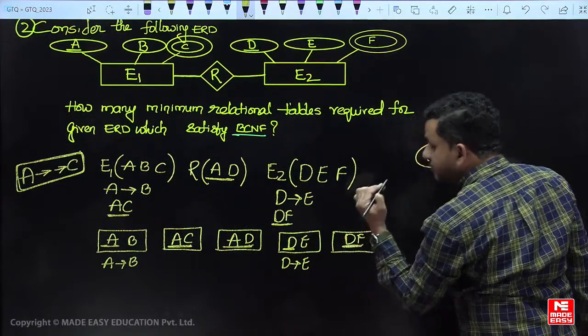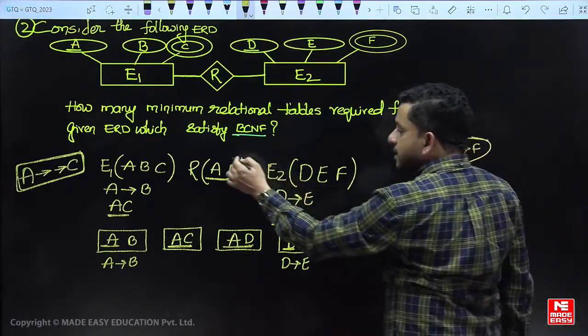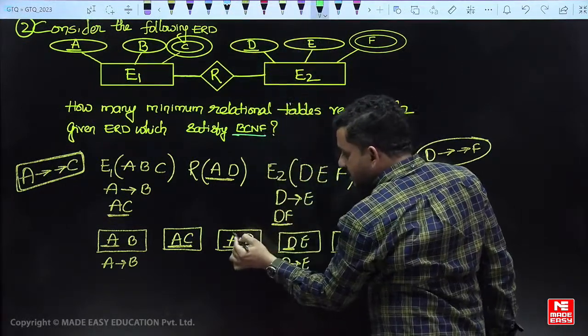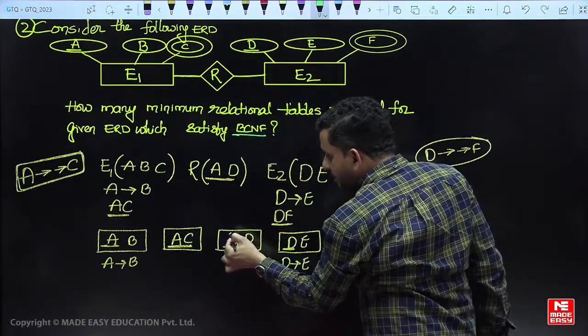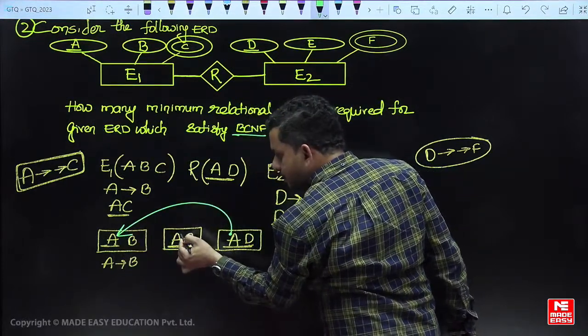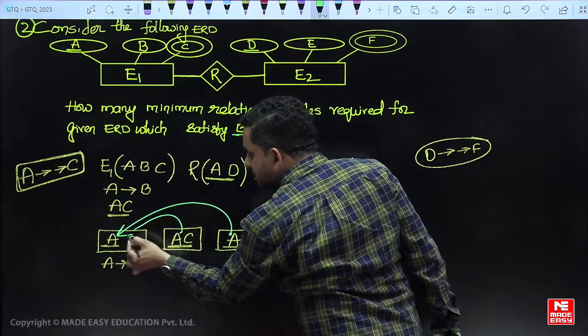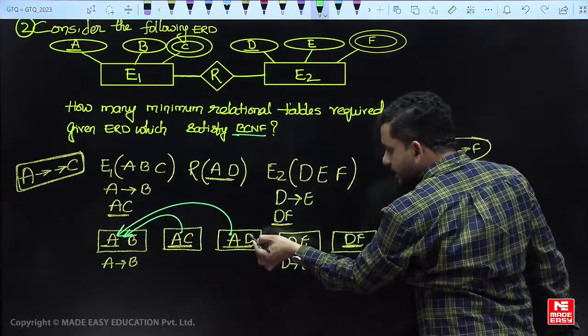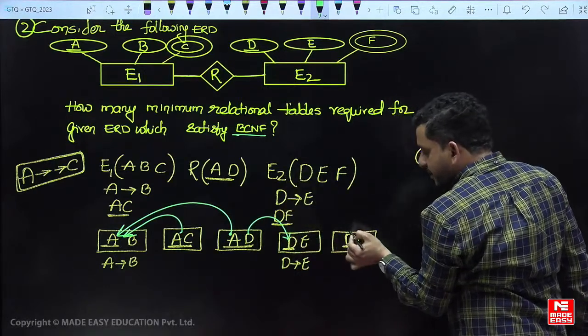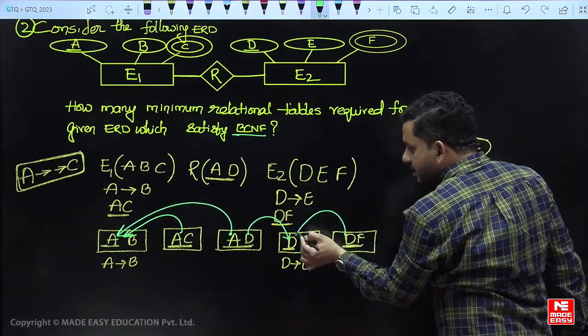No non-trivial FDs. Because of the relationship set, A is a foreign key referring to A, and also because of this extra decomposition there is one foreign key, and D is a foreign key referring here, because E2 is subdivided.